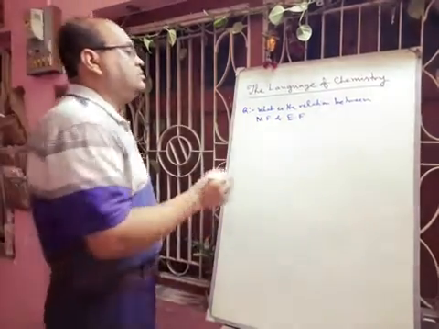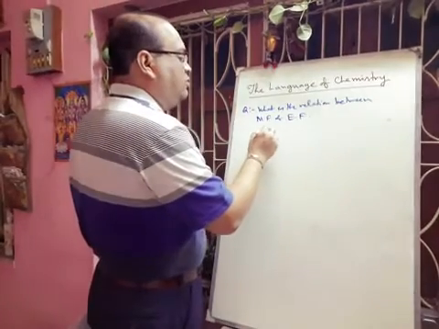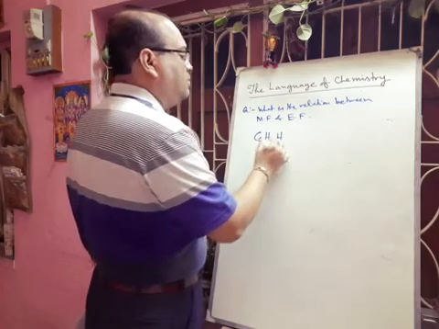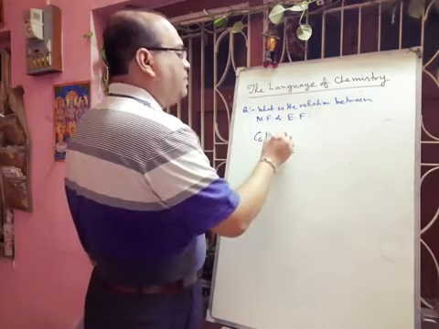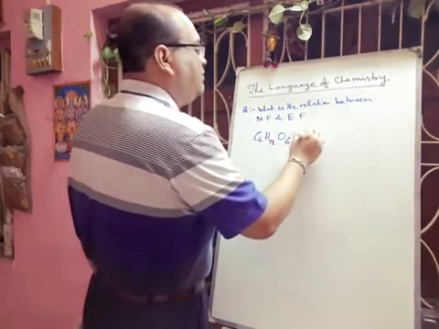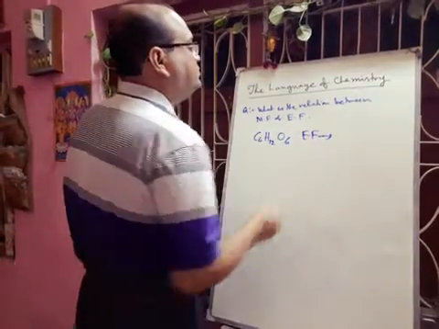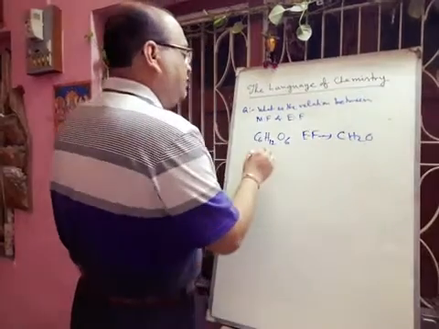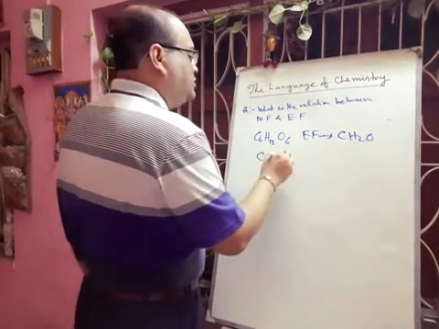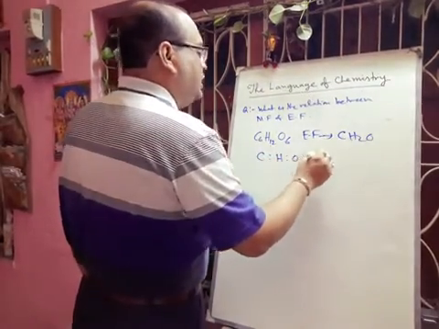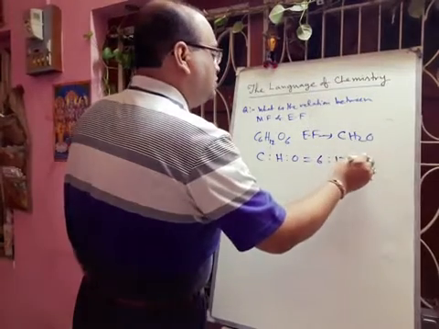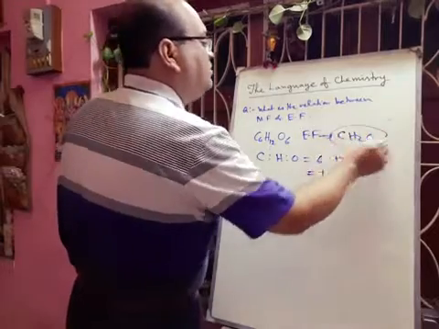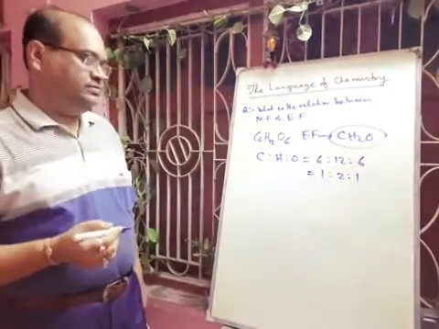If we write that the molecular formula of glucose is C6H12O6, what will its empirical formula be? The empirical formula will be CH2O, because here we take the carbon to hydrogen to oxygen ratio, that is 6 to 12 to 6, which means 1 to 2 to 1. So the empirical formula will be CH2O. Hope you can understand what I am telling.